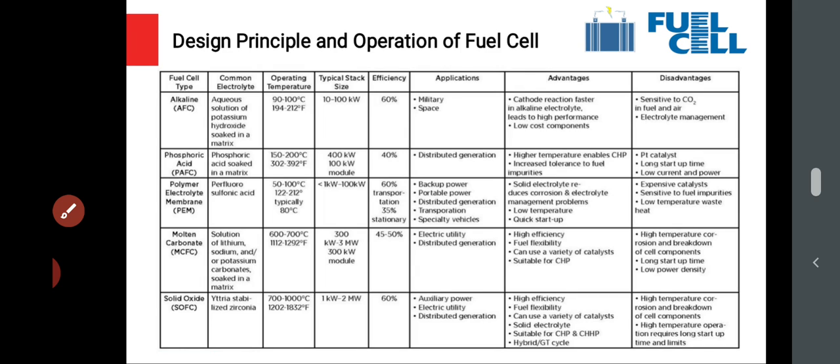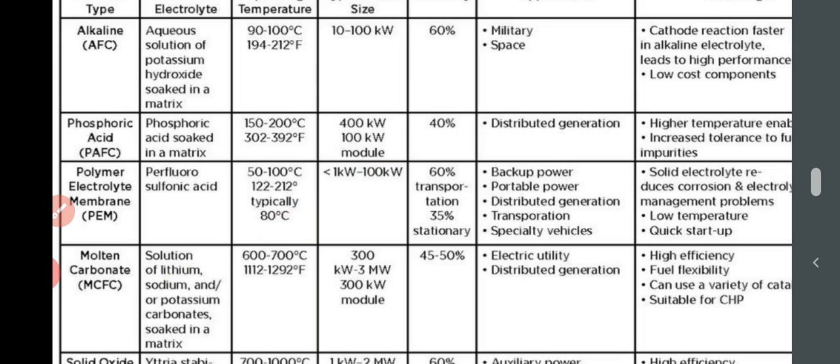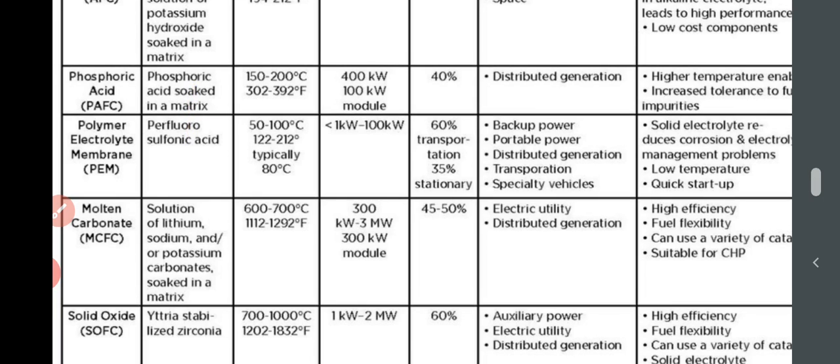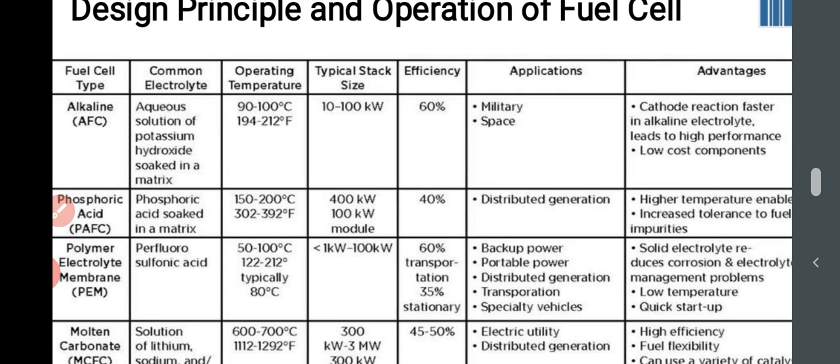Now, if we look at the comparison of these different types of fuel cell, we will see the operating temperatures, which we have already got an idea of. These are the common electrolytes that we have also discussed. The efficiency, the range.